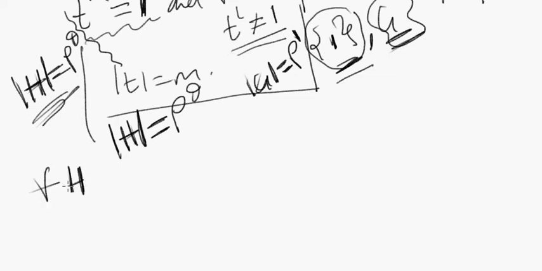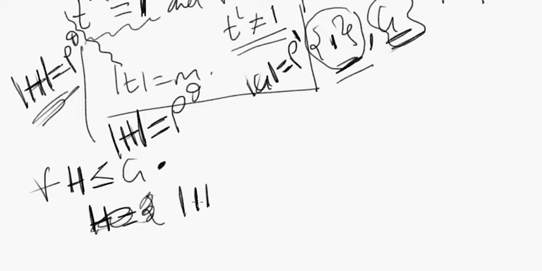Since we're saying before that the only possible, if we look at all subgroups H of G, one thing we know for sure is the possible orders of H for any subgroup of G, if the order of G is p to the alpha.